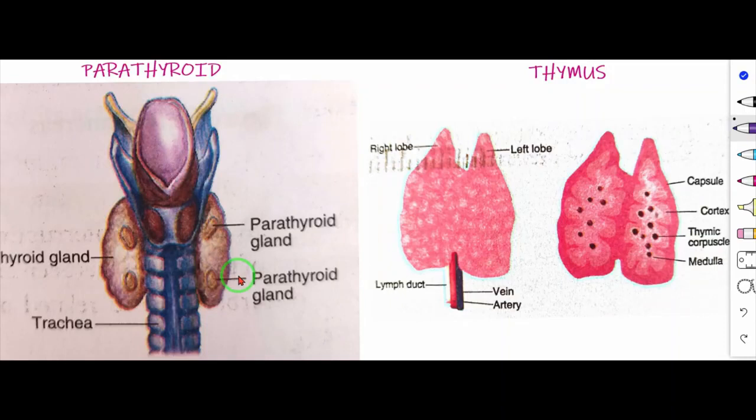Yes. Now next one is dysfunction. When the parathormone level is decreased, what problems may arise? So first one, muscle spasm known as tetany. That means contraction of muscles in the face, larynx, hands and feet.